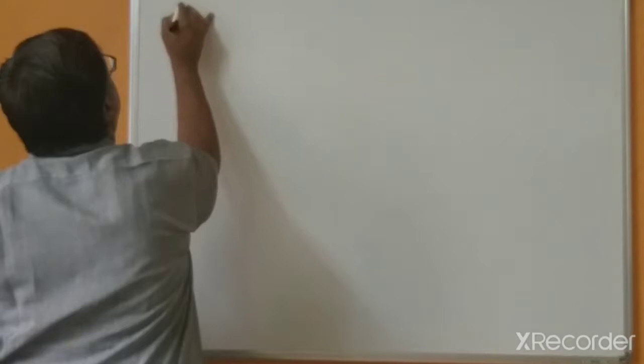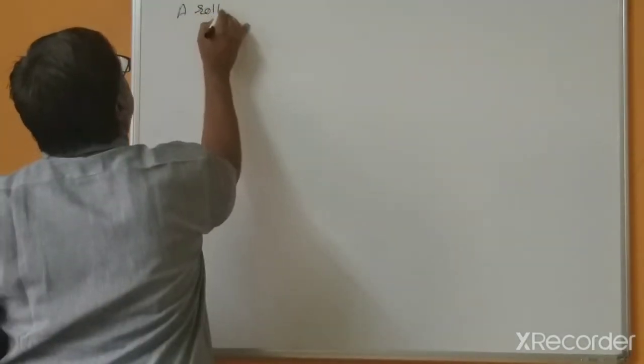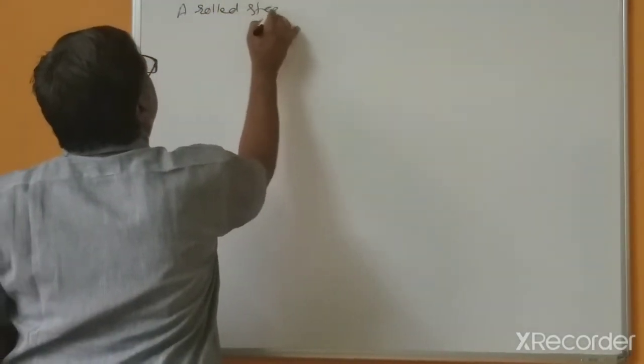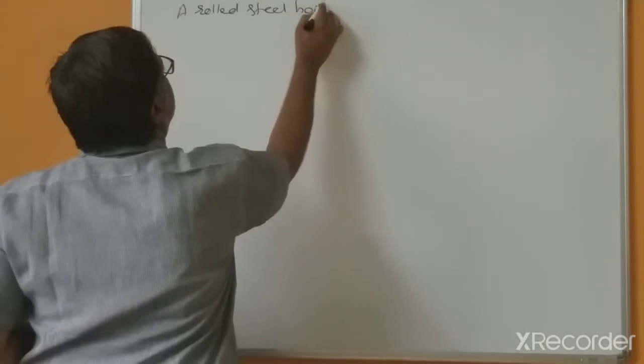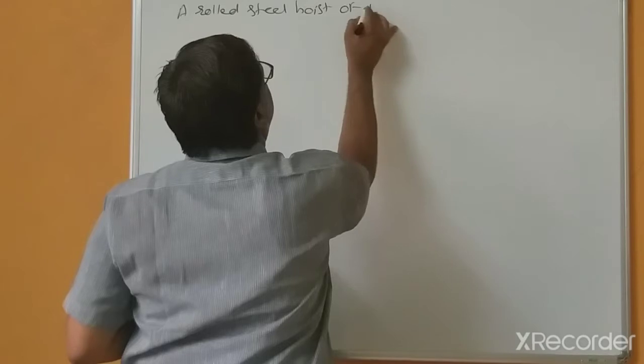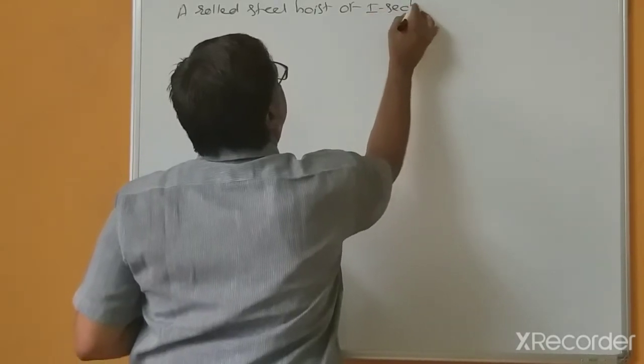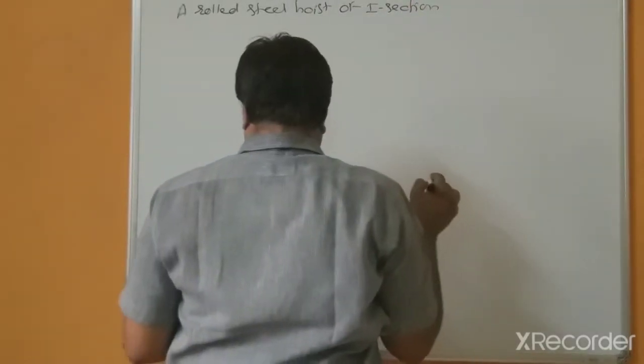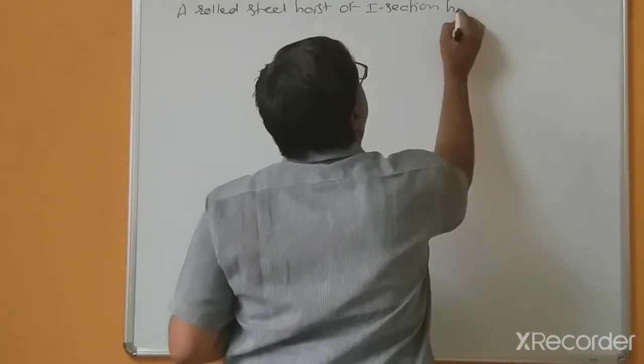A rolled steel joist of I section has the following dimensions.